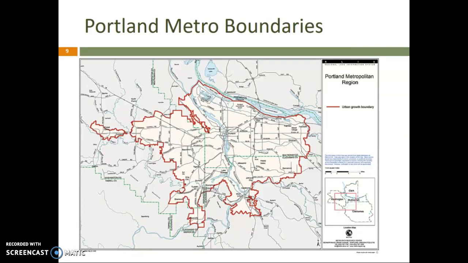What this means is that even within the boundaries of Portland Metro, which we consider to be a relatively integrated area, we have a lot of diversity in terms of jurisdictional structures and also different policies. And that diversity is really interesting in the state and local public finance context.